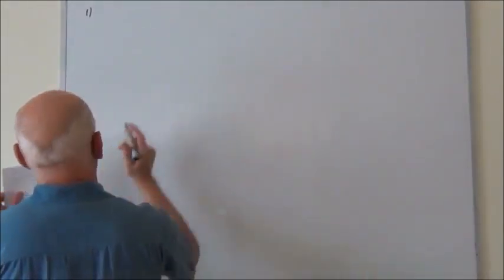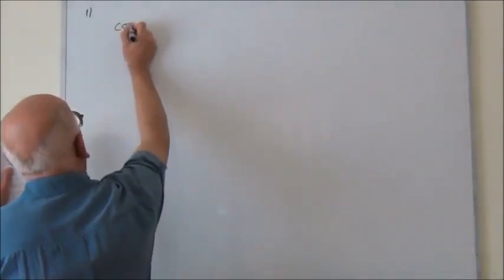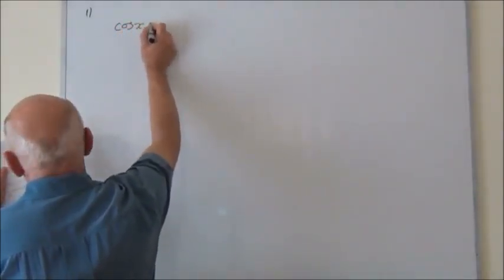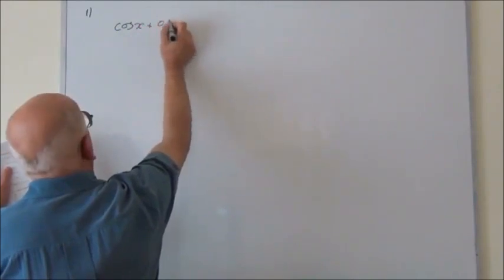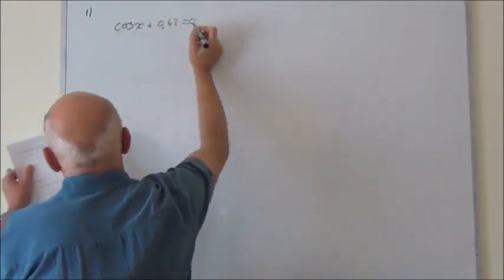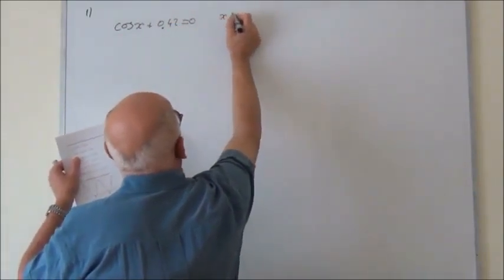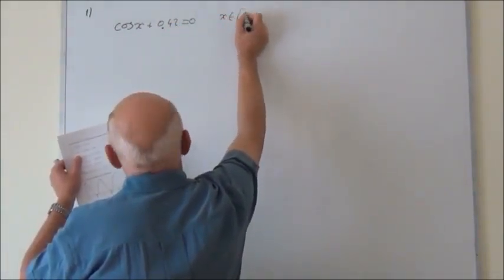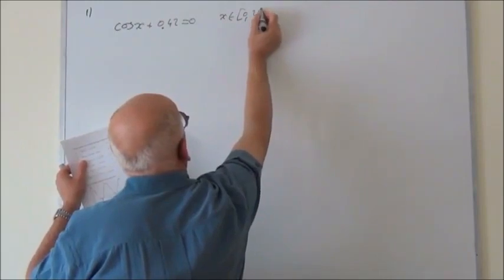The task is to solve the equation cos x + 0.42 = 0, for x in the domain 0 to 2 pi.